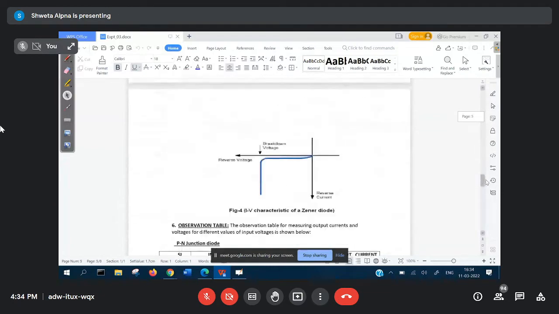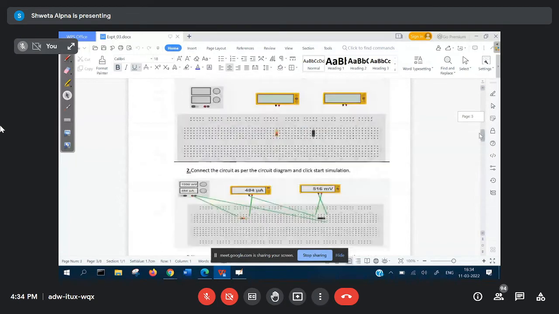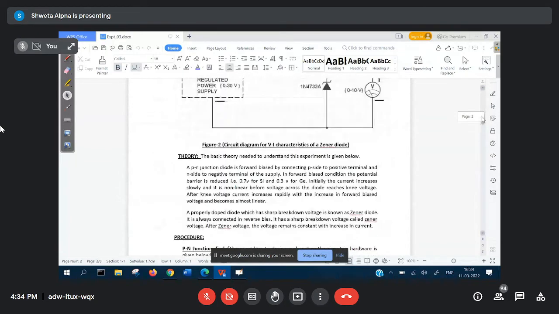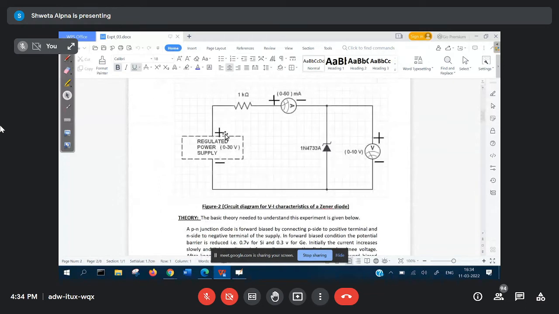So for the Zener diode, this is how you will make the connection. You connect the Zener diode in reverse bias. The positive of the supply is connected to the N part of the Zener diode, and the negative is connected to the P part. The diode is reverse biased. Everything else is the same as the PN junction diode.